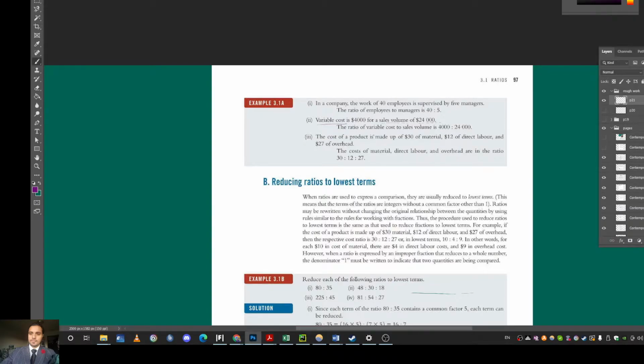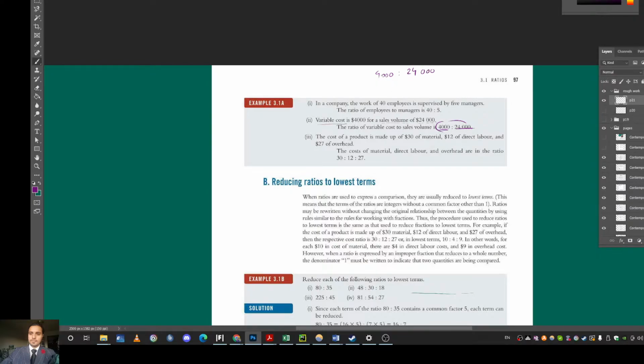So the ratio of variable cost to sales volume is 4,000 to 24,000. For every $4,000 spent on variable costs, they sold $24,000 in sales volume. They could have expressed it differently as well.